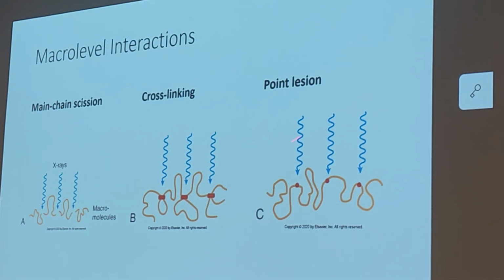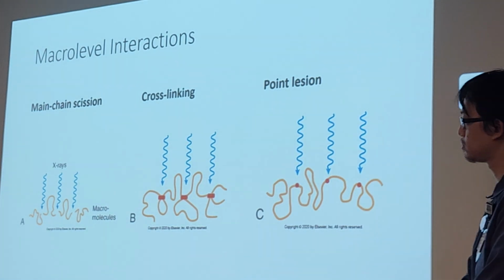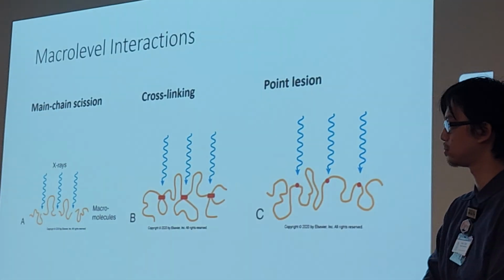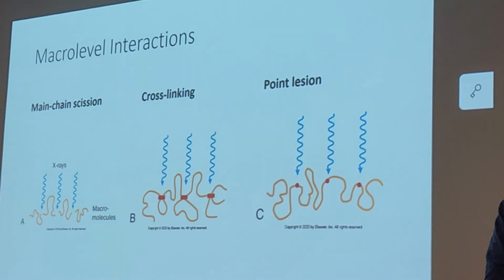And then in point lesions, a single change can happen at any one point in the DNA. Correct. So for example, say it's an A, the X-ray hits it and it turns that letter of code to a T. That's what point lesion is. Can you repeat cross-link? You said it connects two locations which should not be connected.